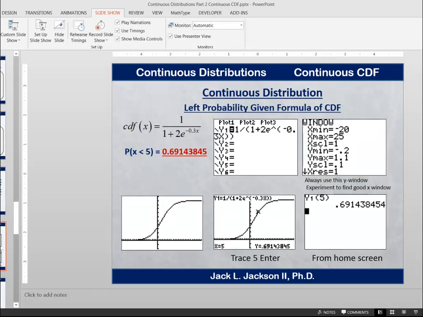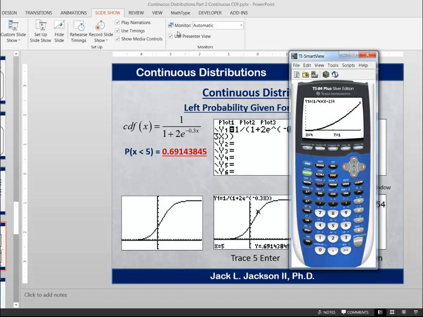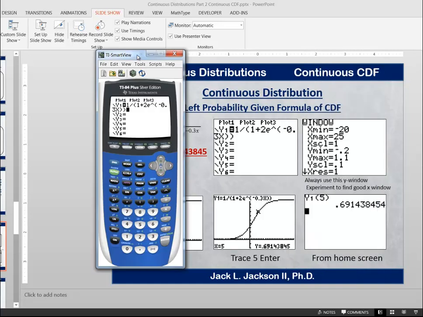And look at this again. Okay, so let me actually get the right formula in here and a decent window. So 1 divided by parentheses 1 plus e to the power negative 0.3x, close the power, close the denominator, and what do we say a window would work for us?